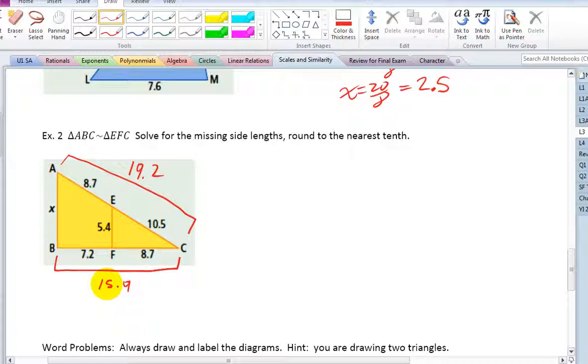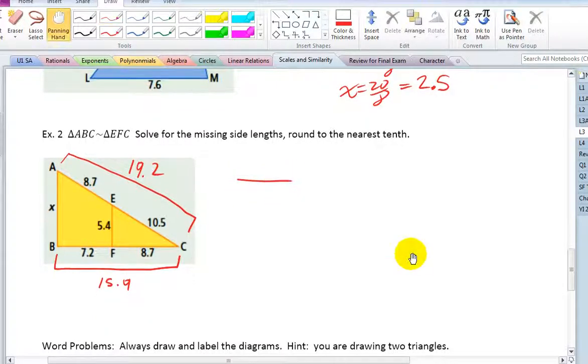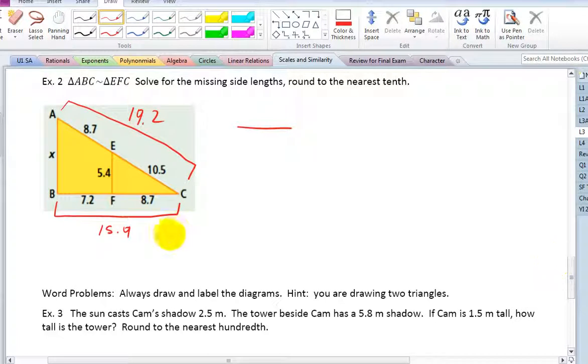Okay. Here we go. So which triangle do you want on the top, the large or the small? Small. Now sometimes it's helpful when you get a diagram like this to redraw the small one. 5.4, 8.7, 10.5.